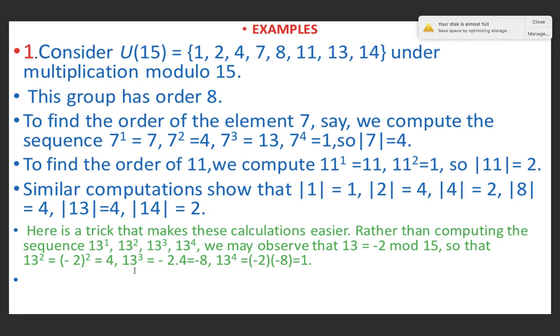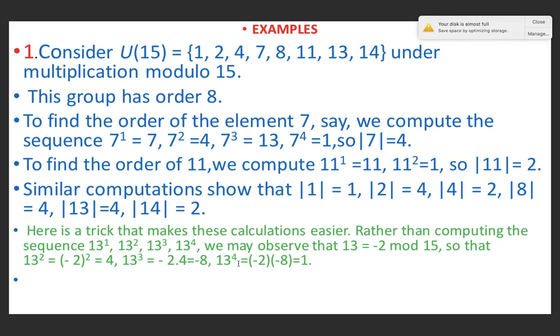Instead of calculating 13 cubed directly, we use that 13 squared is 4 and 13 is minus 2. So 13 cubed is 13 into 13 squared, so minus 2 into 4 is minus 8. Again, if we divide by 15, the remainder is 8.